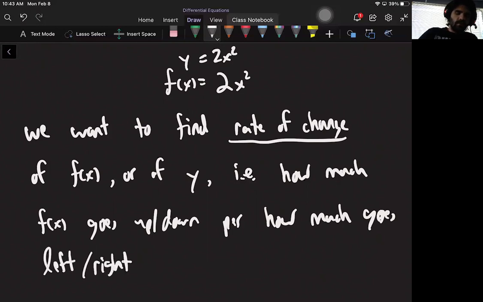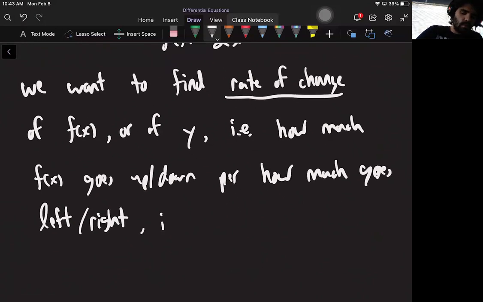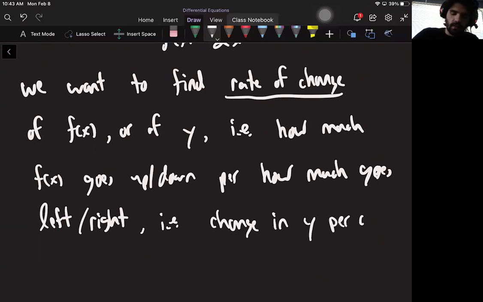But that can be thought of in terms of x's and y's. So you could just think about it as how much does it change in the y direction per the change in the x direction.